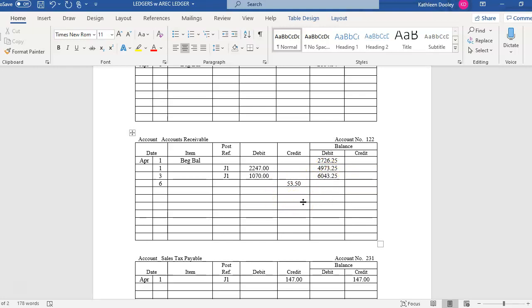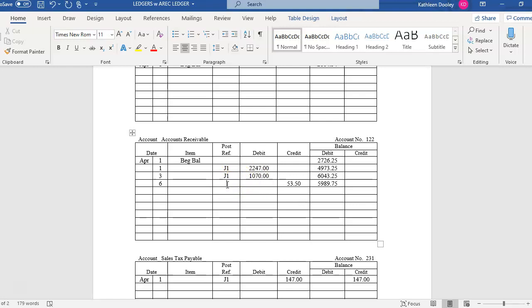Debit and credit is subtract. So I have 6043 and 25 cents minus 53.50, and that's 59.89 and 75 cents, my new running total.